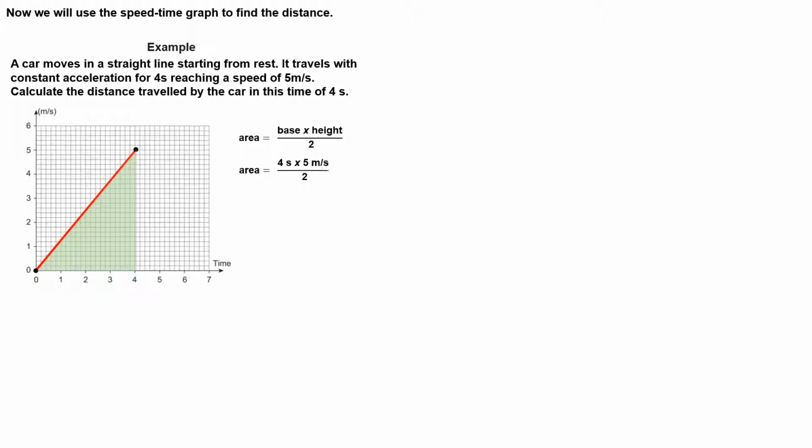Height is 5 meters per second. The area is 10 meters, but meter is the distance unit. Then, the distance can be found by calculating the total area of the shaded section below the line.